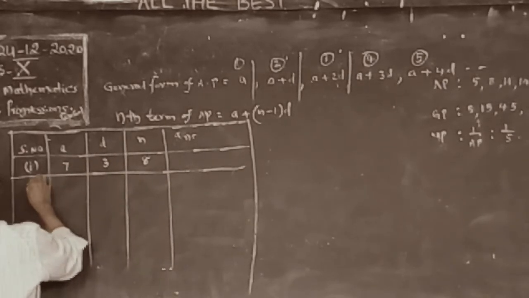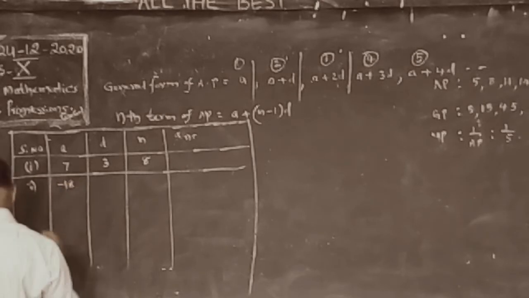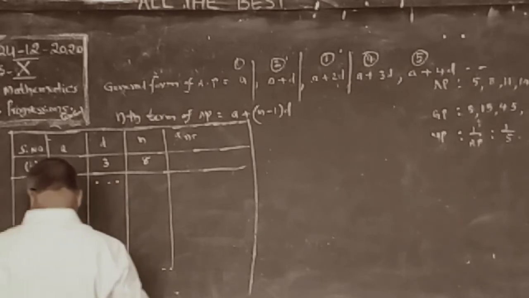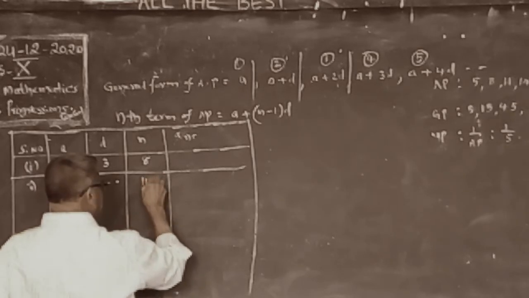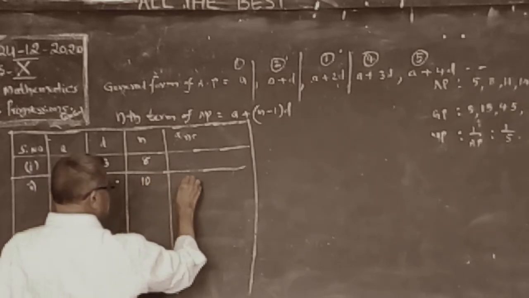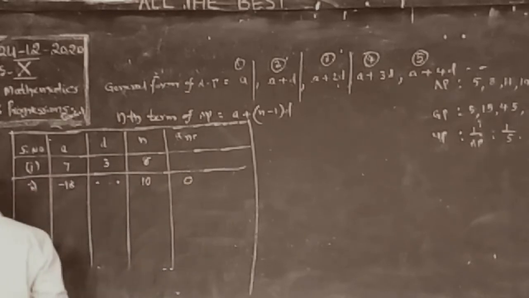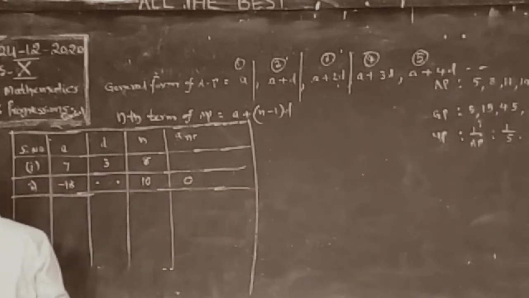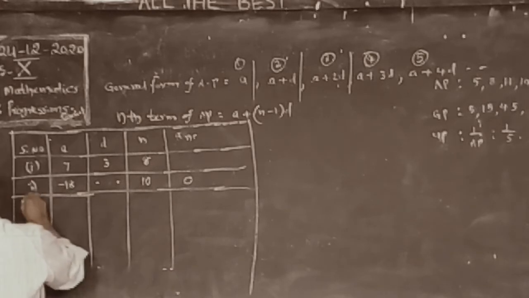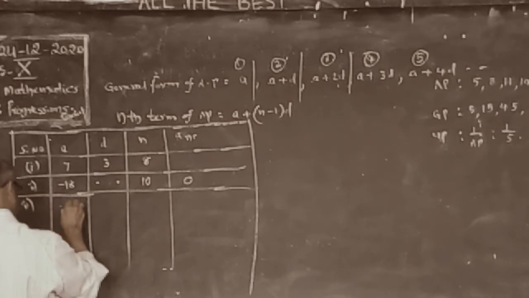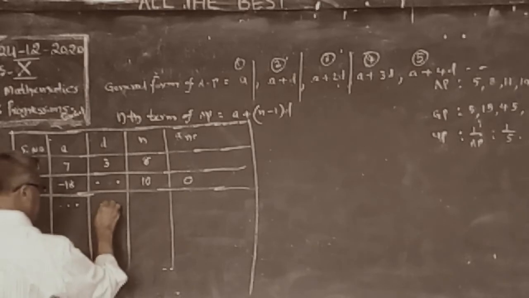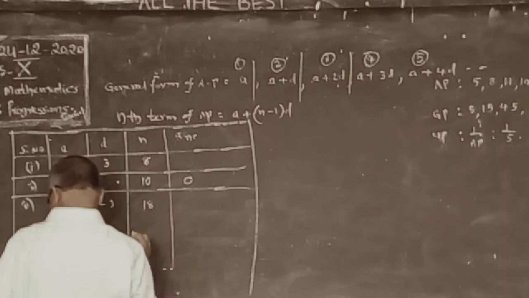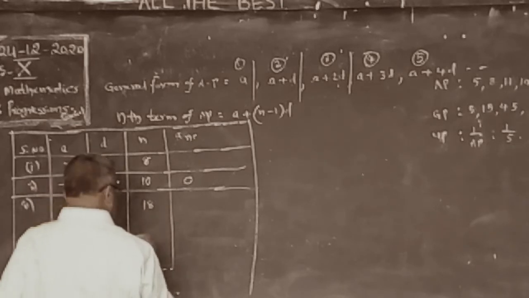Second: A is minus 18, D is blank, N is 10, nth term is 0. Third: A blank, D is minus 3, N is 18, nth term is minus 5.